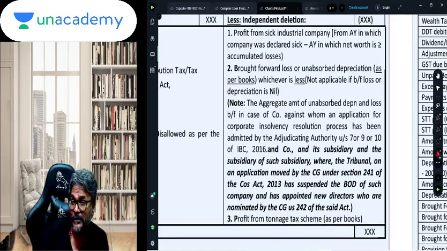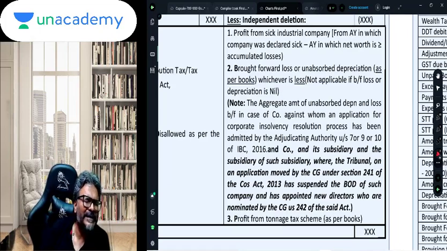As per the books, both of them will not be allowed to you as a deduction. The only exception is if the company has already filed for IBC, or the company management is put up by the central government as per the Companies Act, Section 241.